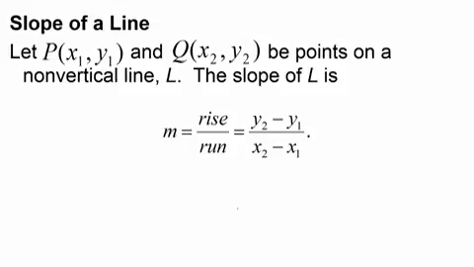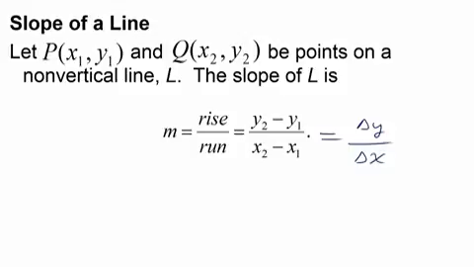Notice that the increment in the y direction is divided by the increment in the x direction, meaning y sub 2 minus y sub 1, also known as delta y, is divided by x sub 2 minus x sub 1, which was defined as being the increment of x.